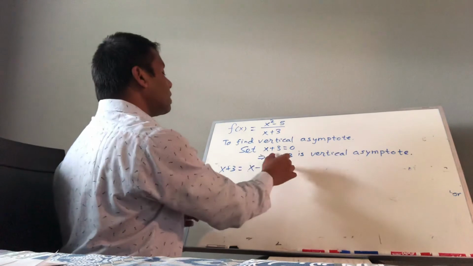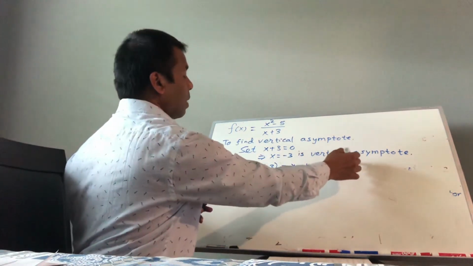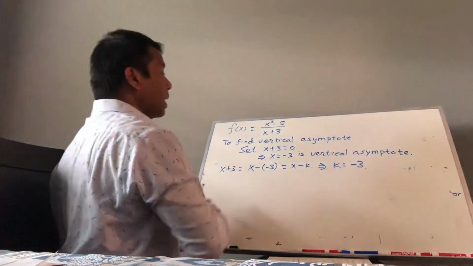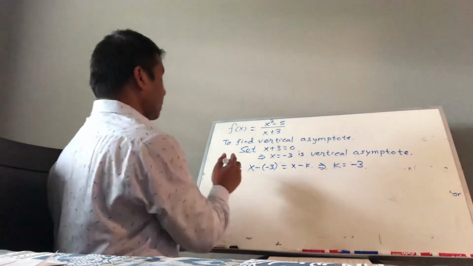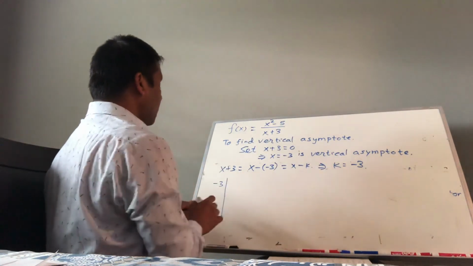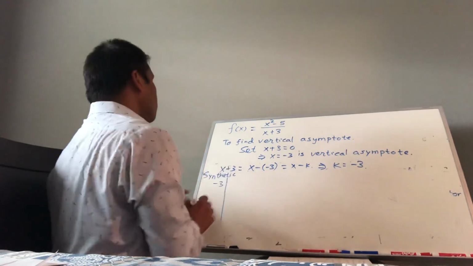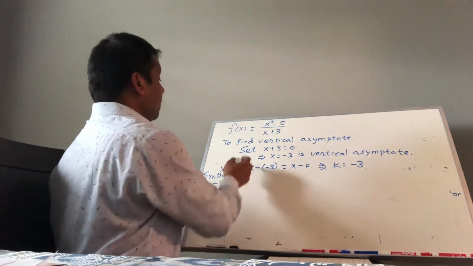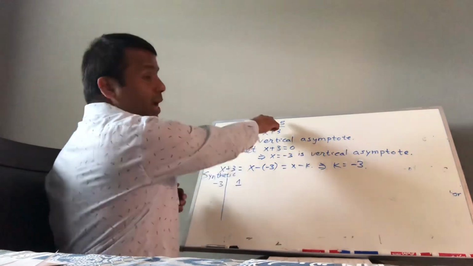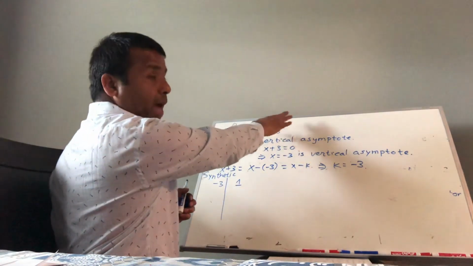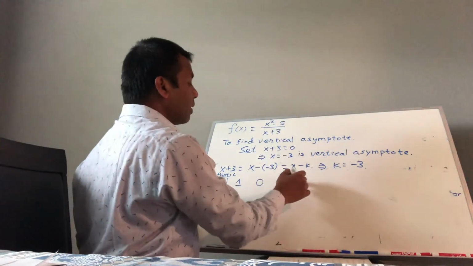Comparing with x minus k, we get k equals negative 3, so we can use synthetic division. We write negative 3, then the coefficient of x squared, which is 1. The x term is missing, so we put 0. And we have the constant negative 5.